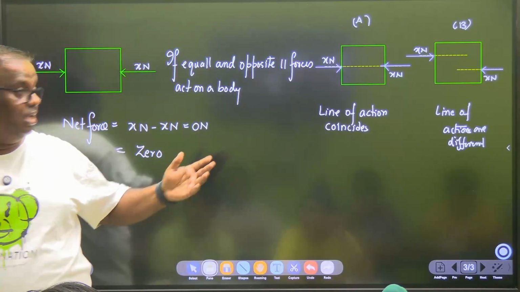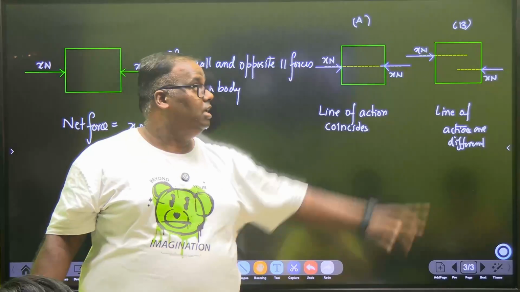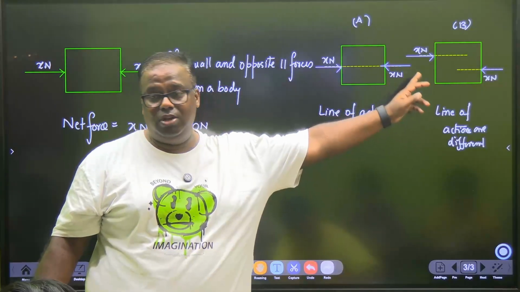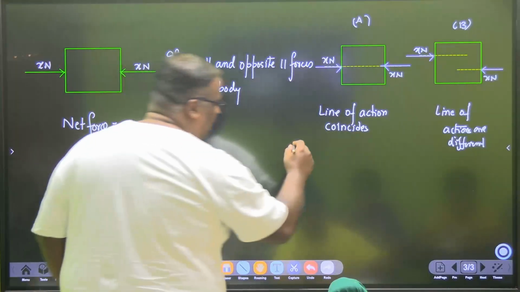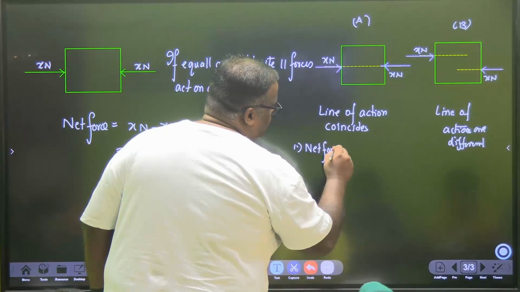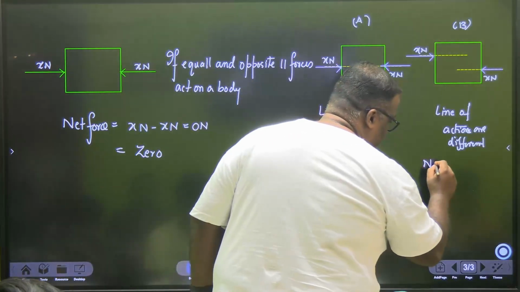Are you understanding? In this, for both the forces, the line of action coincides. Here, the line of action is not coinciding. Do you see? There's a difference. The dotted yellow line is the line of action. What is the net force here? Sir, the net force here is 0 Newton. What is the net force here?